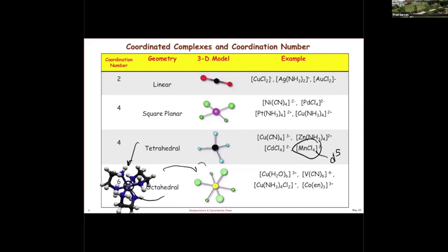Even though out here it's confusing, if you look at the central atom, the geometry around that central atom is octahedral. That's why we cite that that's an octahedral geometry. For those of you who did experiment number 6 in lab, those chemicals that you synthesized, they were all octahedral, okay? They were all octahedral.